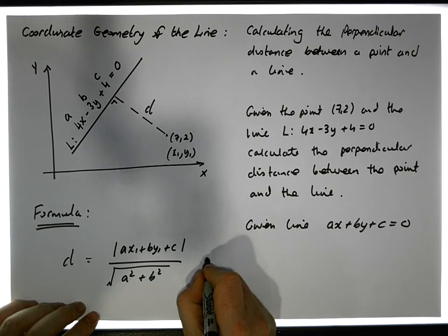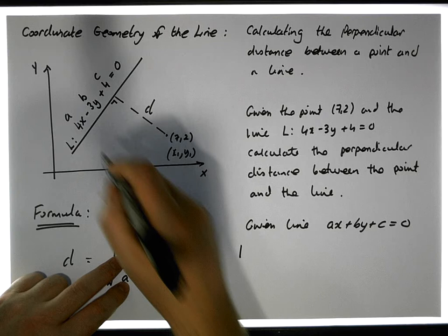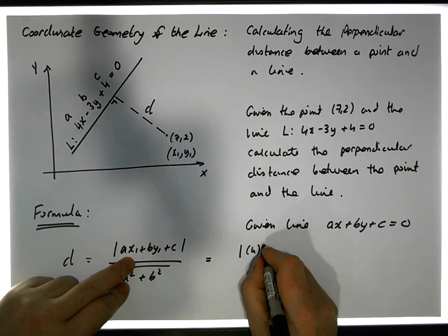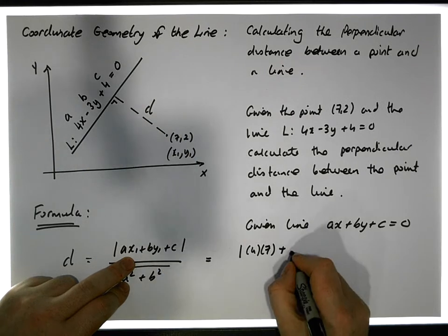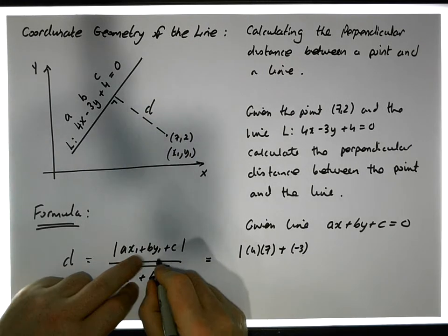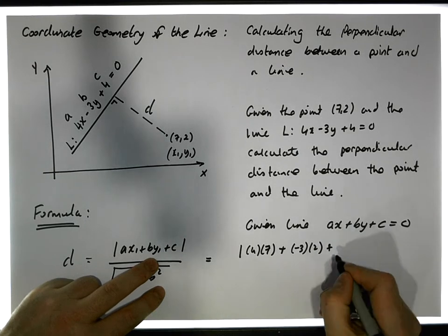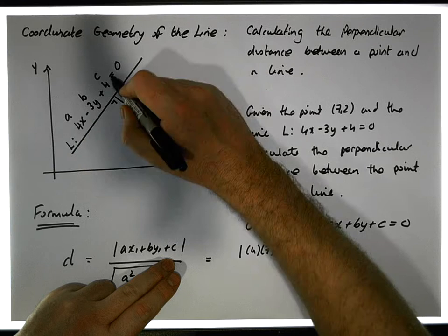So this becomes the absolute value of a, which is 4, times x1. x1 is 7, so 4 times 7, plus b, which in this case is minus 3, times y1. y1 is 2, plus our c, the constant term in the equation of our line, which is plus 4.